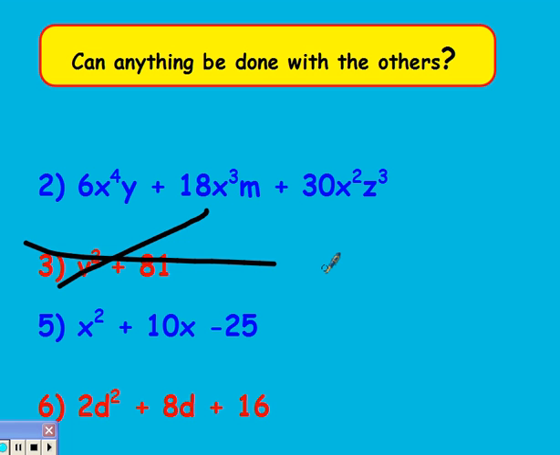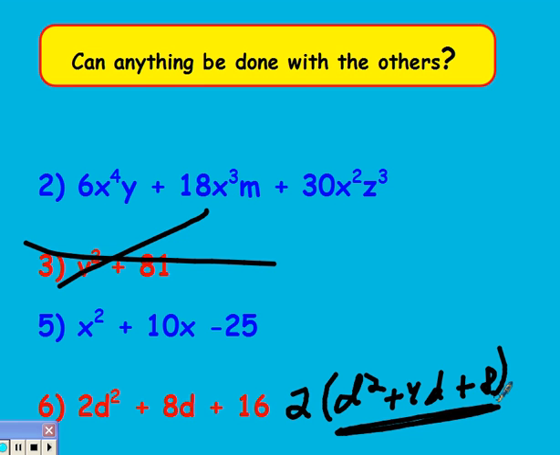It's nothing special. We might be able to factor this by some of the other methods. I don't think it is factorable, but it's not unfactorable because it's not anything special. Okay, number 6, right away, I see I can factor out a 2 and get this. And this may or may not be factorable, but I was able to do some factoring.